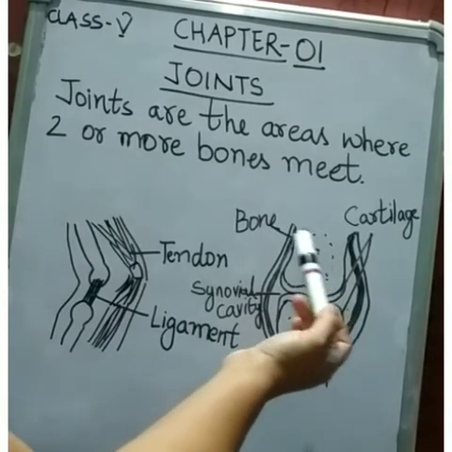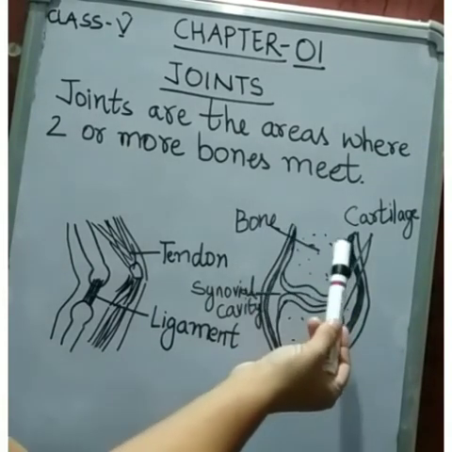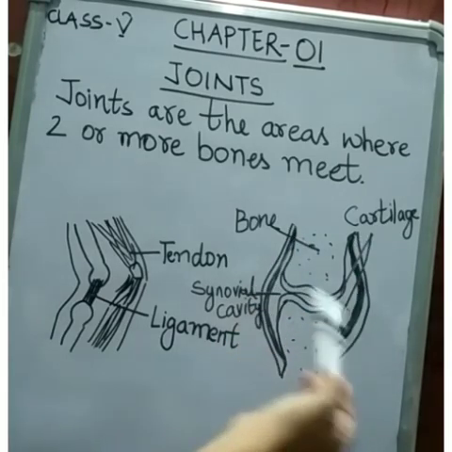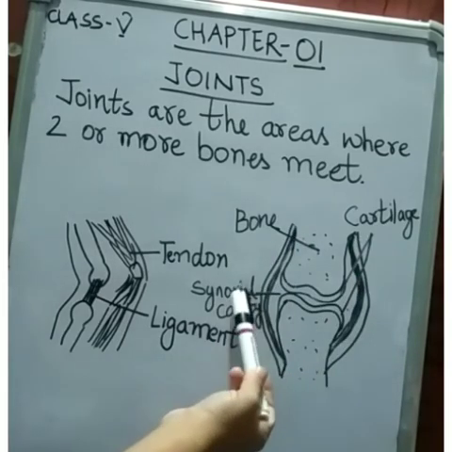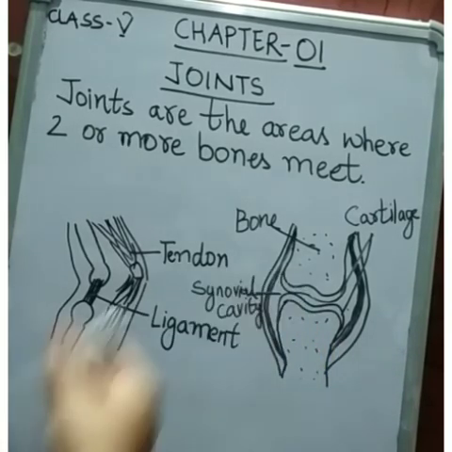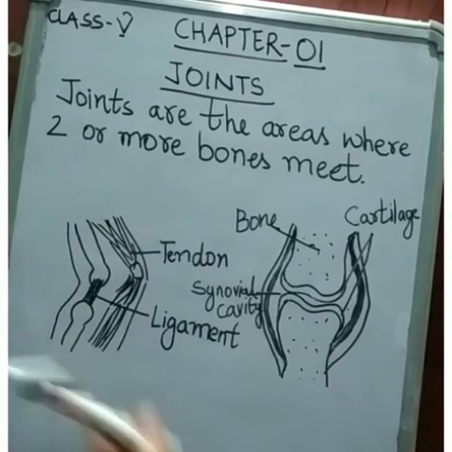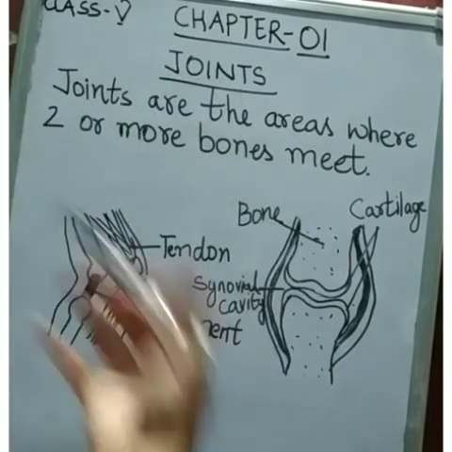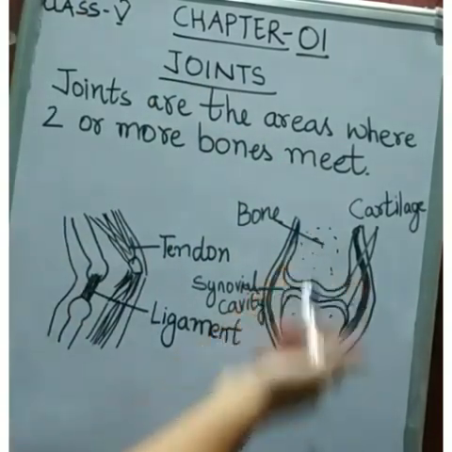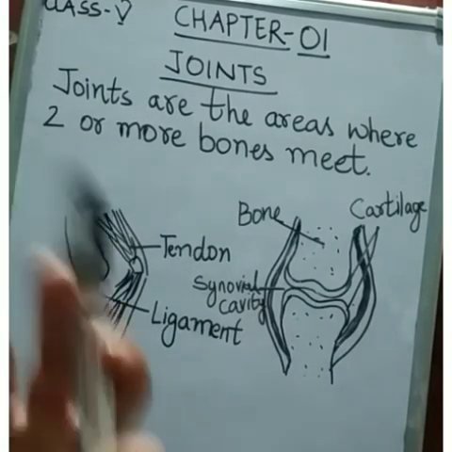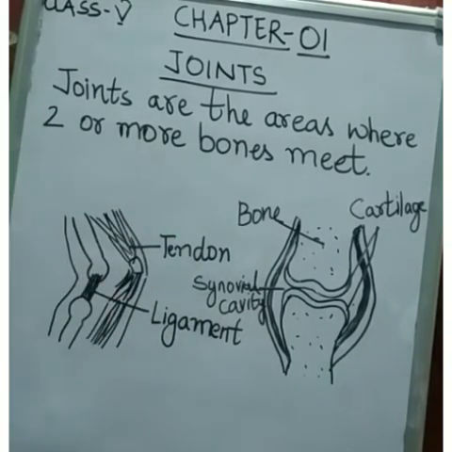At the joint, a cavity is present which is known as the synovial cavity, and inside the synovial cavity is synovial fluid. Now what is the function of cartilage? It protects the bones from wear and tear, and thus increases the life of bones.